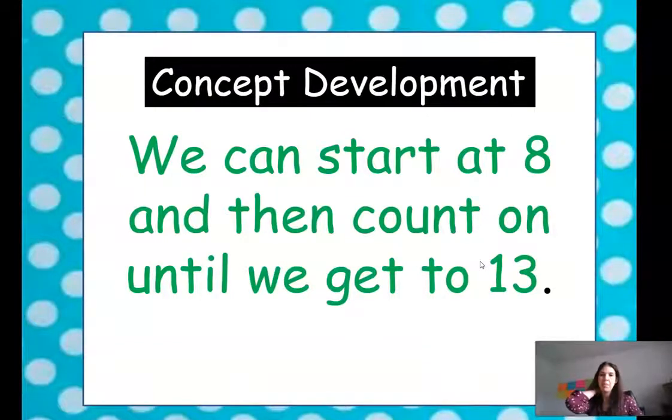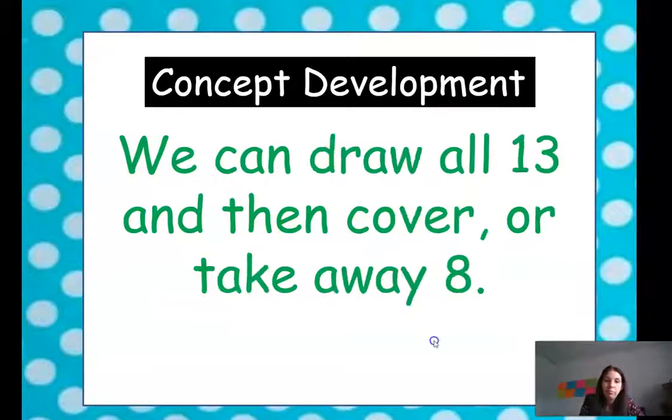So to solve that type of problem, there's a couple different ways. We could start at 8 and we could count on until we got to 13. So we could say 8, 9, 10, 11, 12, 13 and count up. We could draw 13 and then cover or take away 8 of them.